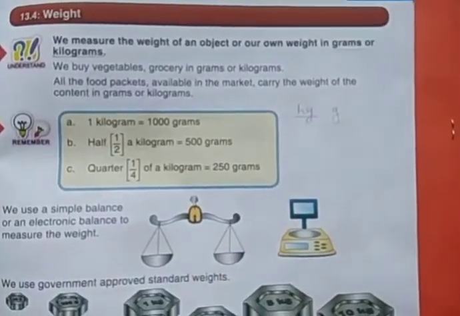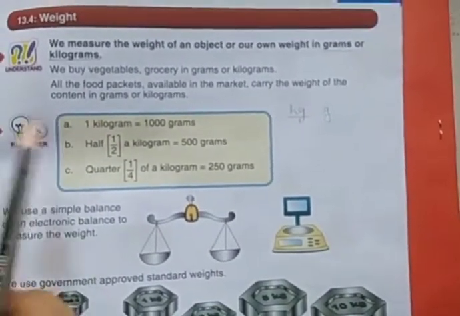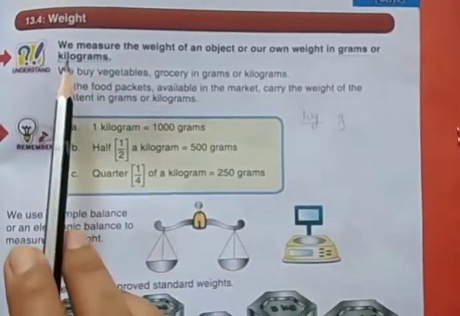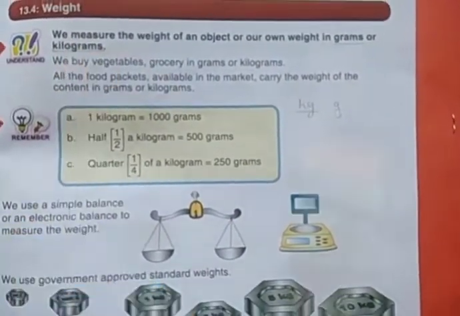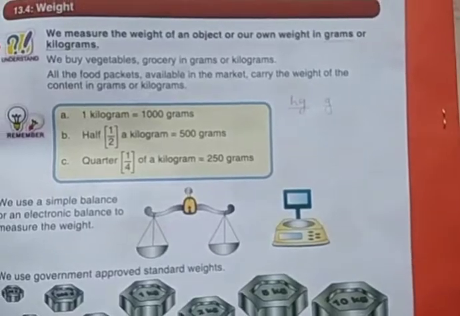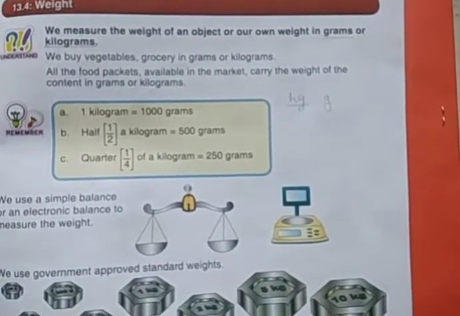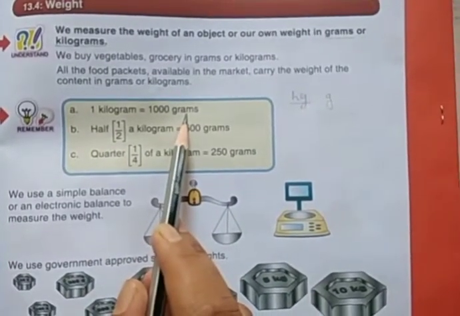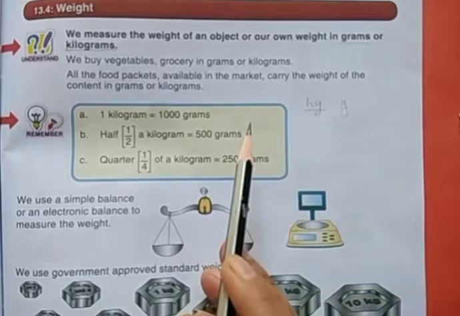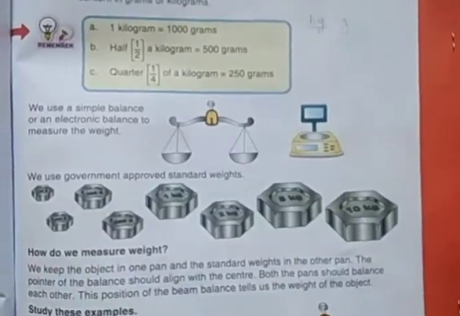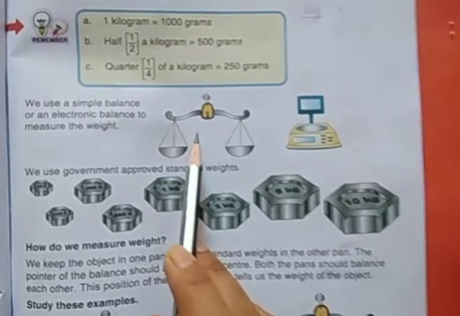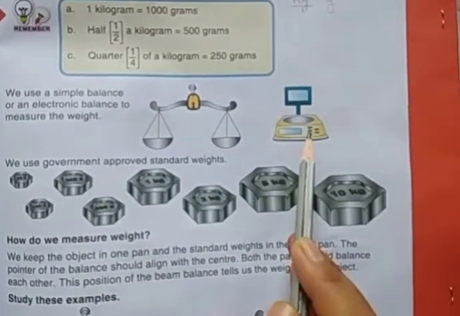We should remember that to weigh any object we use grams and kilograms. Whenever you go to grocery shops or to buy vegetables, they use grams or kilograms to weigh the vegetables or fruits. See here, this is a simple balance and this is an electronic balance.